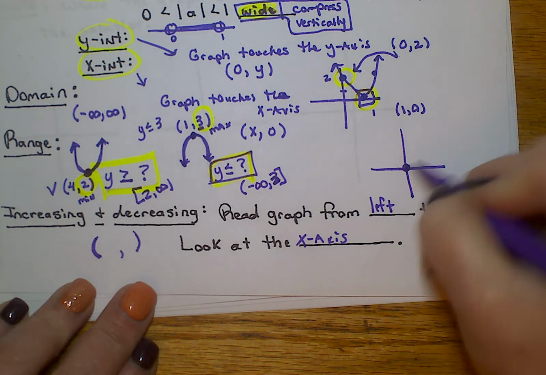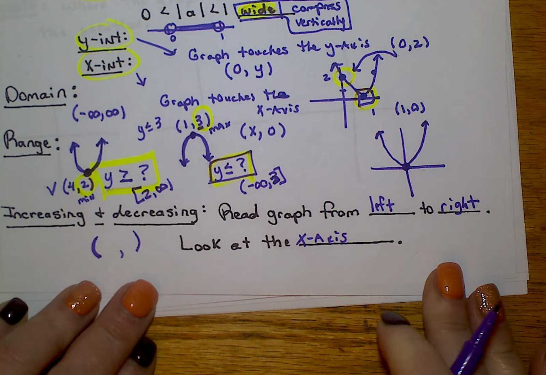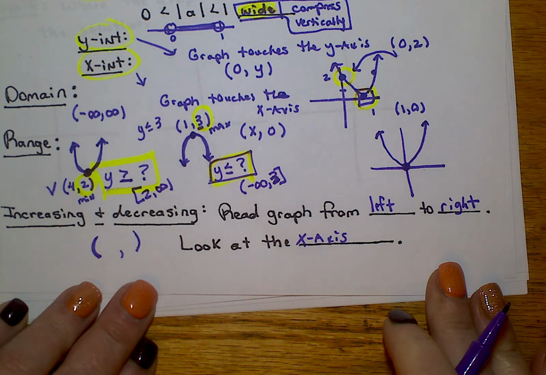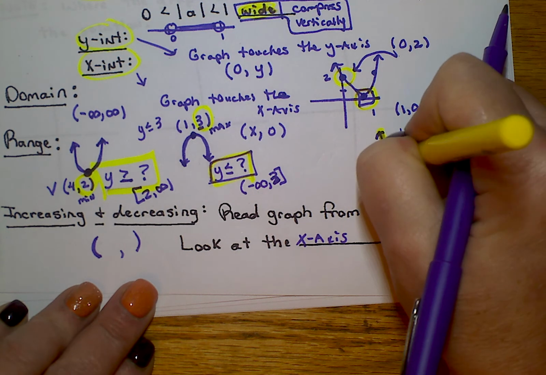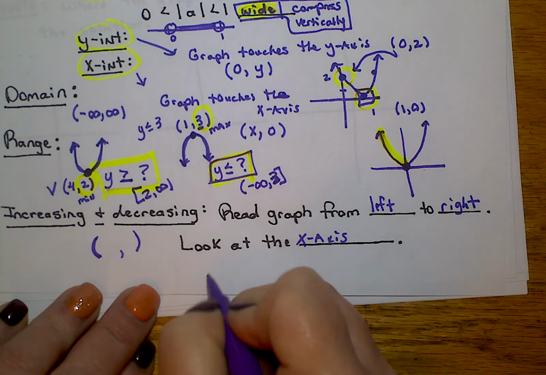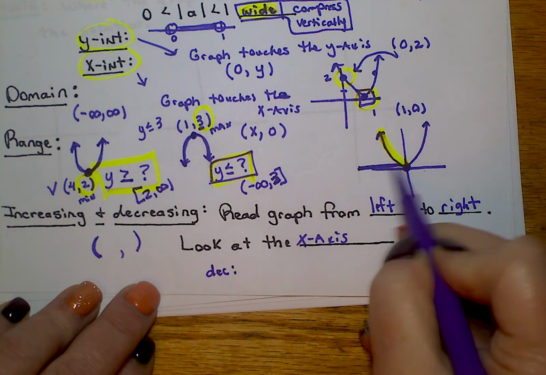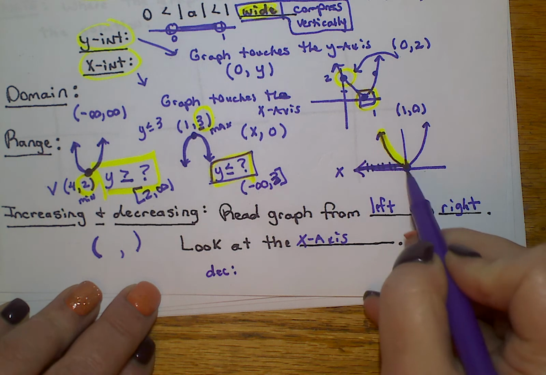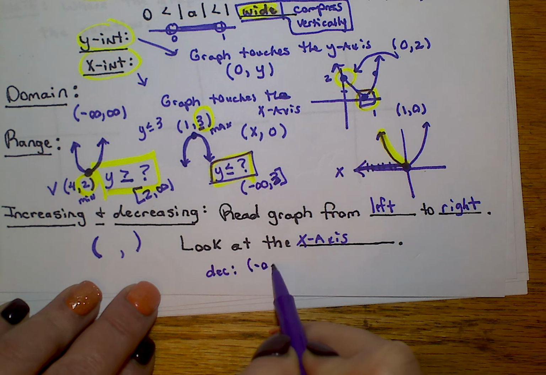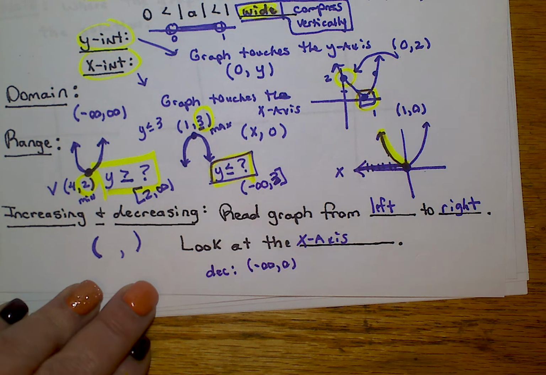So let's just look at just the parent function. So we're going to say that your y equals x to the second. So if you look at this graph from left to right, it's decreasing. So it would be decreasing, and you're going to look at it in terms of the x-axis. So it's decreasing from negative infinity to 0. Okay, so that's where it goes down.